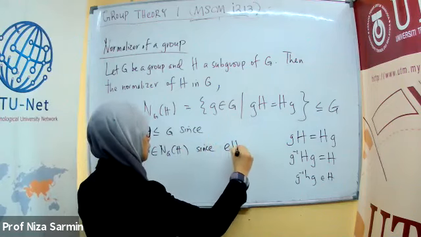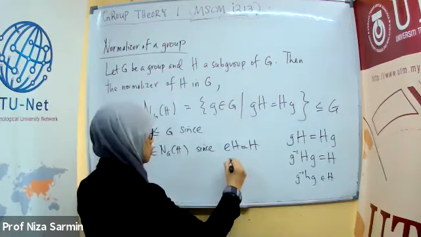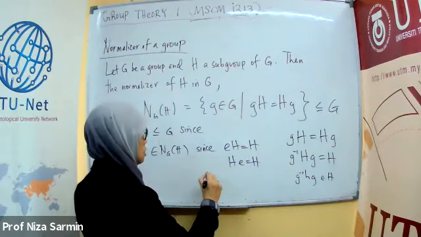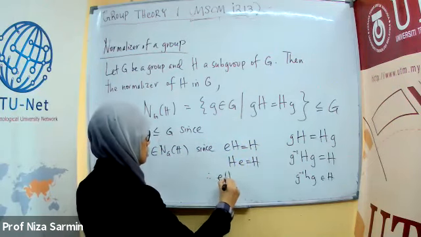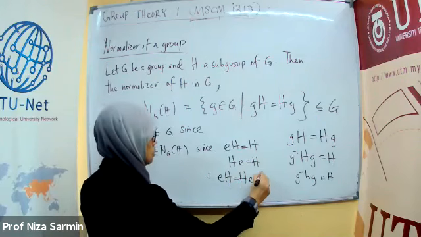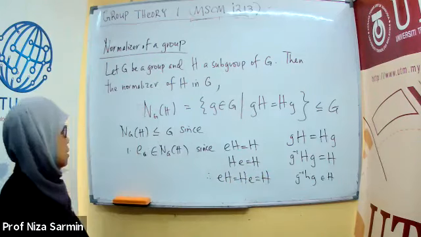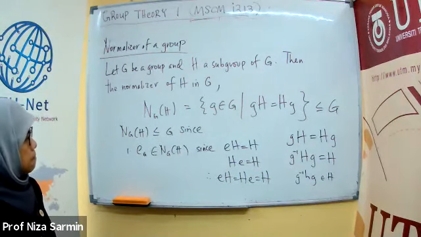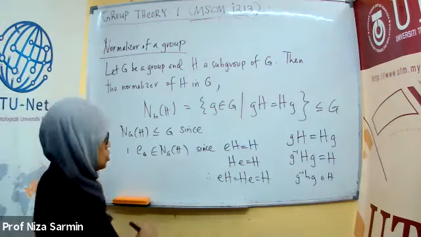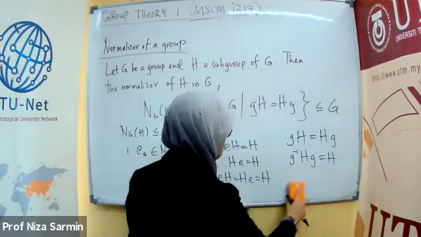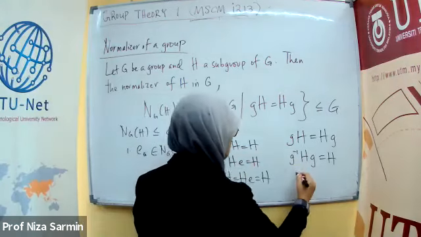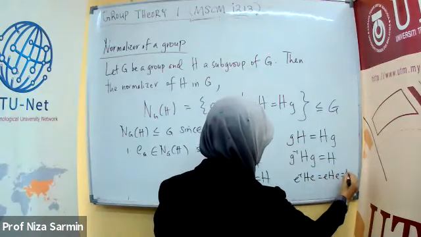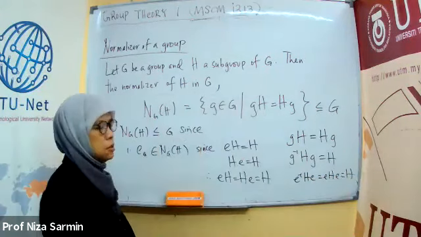Since eH is H, He also H. So eH is He, that is the identity. Okay. If you use this one, you will get e inverse he is ehe is also H. The same thing.